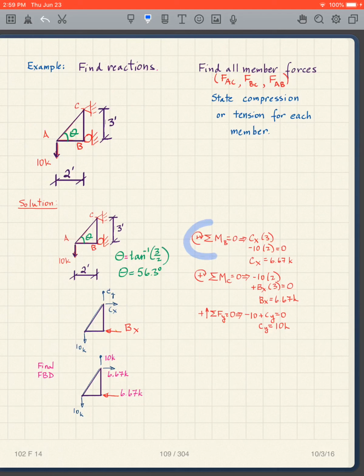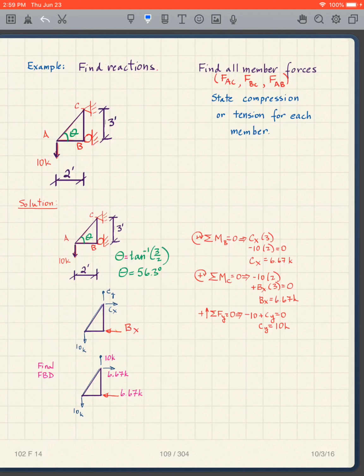So I can take moments about B. That eliminates CY, eliminates BX. And so I just have CX times this distance, which is 3. Then this line goes through the point, so I don't consider it.